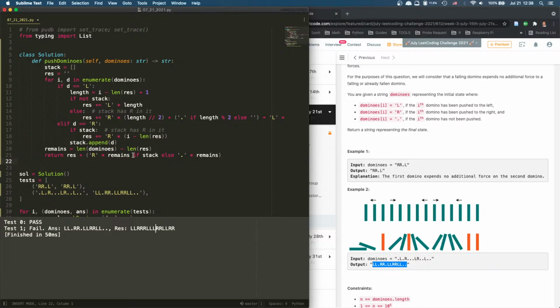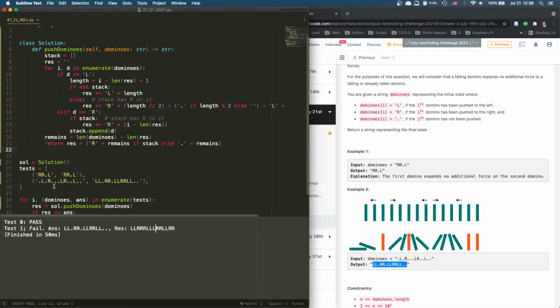Hold on. So after the first L, times the length, which is 2. So we got 0, 1, which is 2. That's fine. And the next one is R. So 0, 1, 2, 3, R is 3. And then that is the first one.